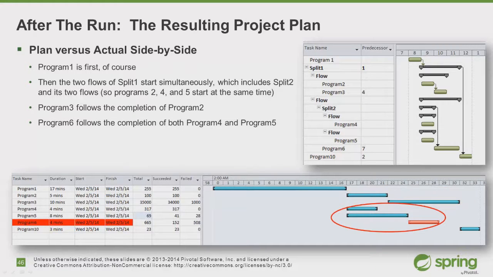And then in split 2, we see that when both flows of split 2 have completed, program 4 and program 5, we then execute program 6. And then finally, when both the second flow of split 1 and the first flow of split 1 are completed, where the second flow is deemed to be completed when program 6 completes, we then execute program 10.